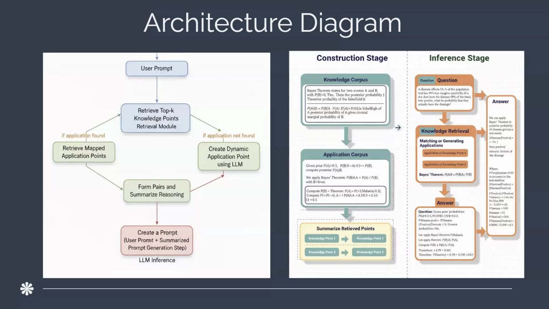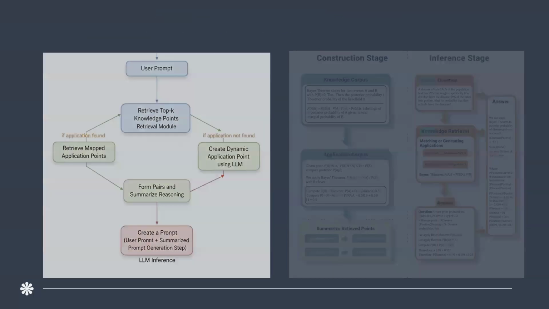In the construction stage, you have the knowledge corpus, which is basically theory, the application corpus, where to apply this, and the mapping between knowledge and application corpus. Now, in the inference stage, whenever a user asks a question, we perform a semantic search, bring the knowledge points, and based on the mapping, we map the related answers from the application corpus and send it as a combined prompt to the LLM.